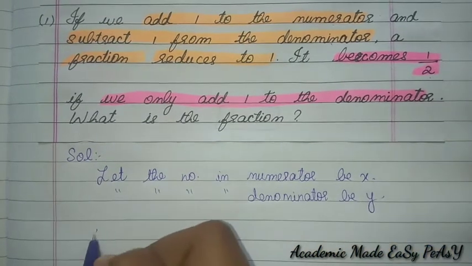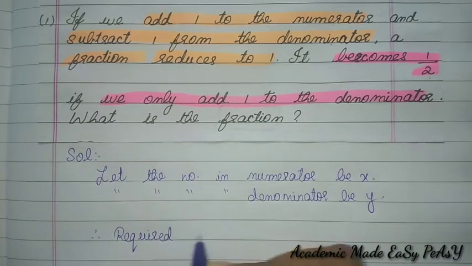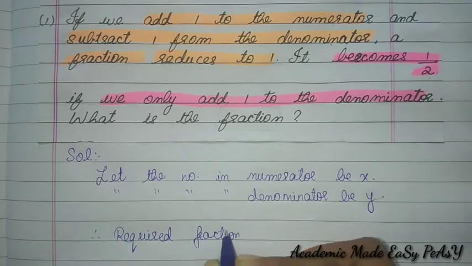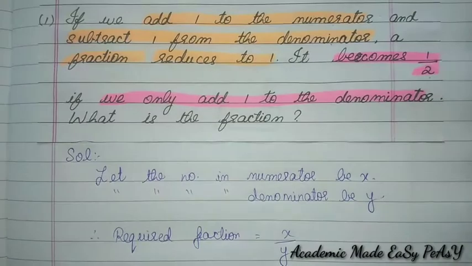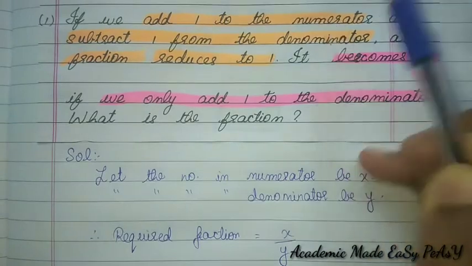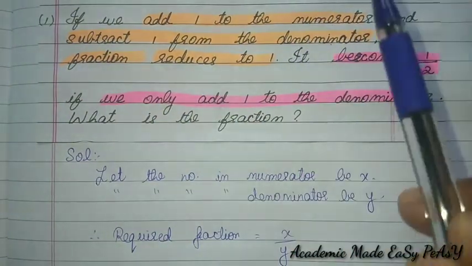Therefore the required fraction is x divided by y. So in the first case, what is happening? We are adding 1 to the numerator and subtracting 1 from the denominator so that we get 1.